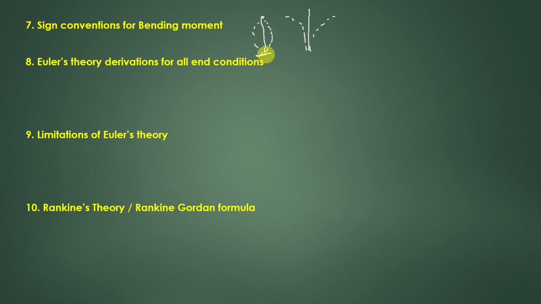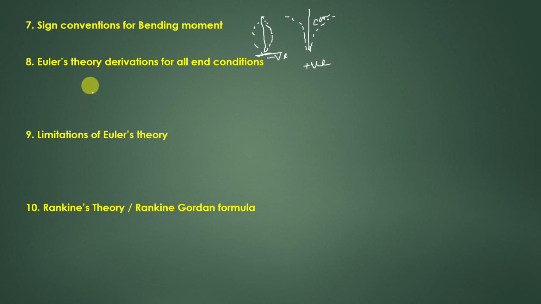So this is concavity towards the column, that is negative, and this is convexity towards the column, that is positive. This is negative bending moment, and this is positive bending moment.